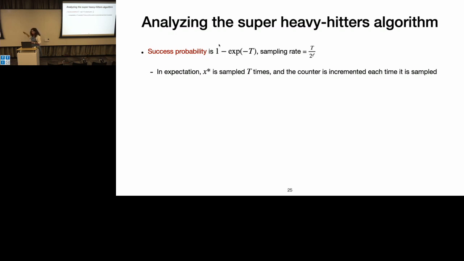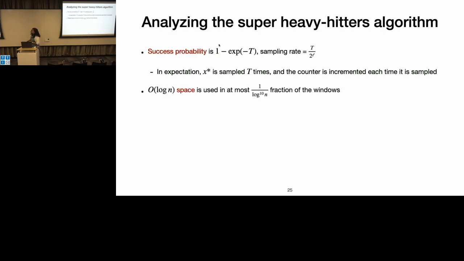Sampling rate is t over 2 to the L, so in expectation you should see t times. The heavy hitter should be sampled t times. And notice that whenever the heavy hitter is sampled, you're good. It's going to occur in the next whatever number of windows I'm checking, so you're always going to increment the counter that we talked about. So the counter should be incremented at least t over 4 times, and we are in good shape.